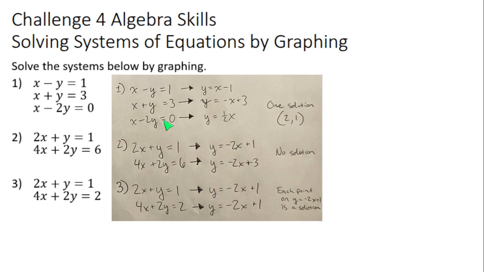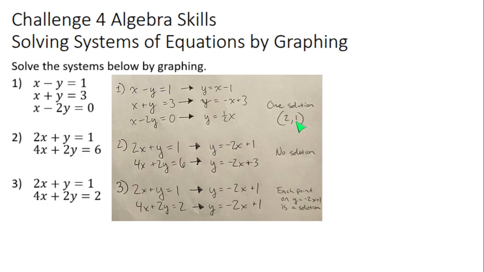Get y on one side, everything else on the other. My apologies. And I'm going to argue that this problem number 1, 3-equation system, especially when we write it in slope-intercept form, is going to easily show one solution, and that's the point (2, 1).